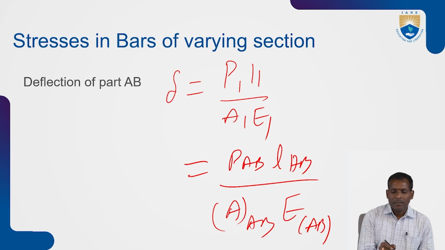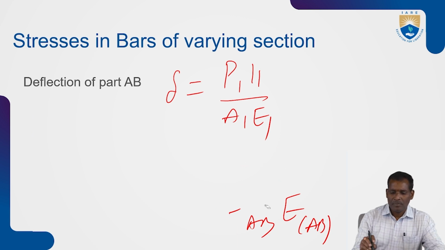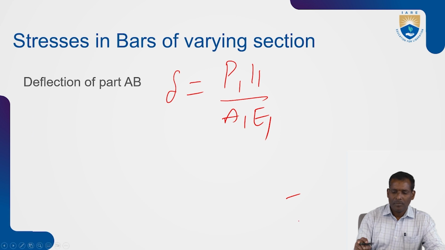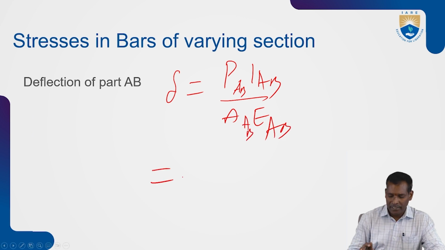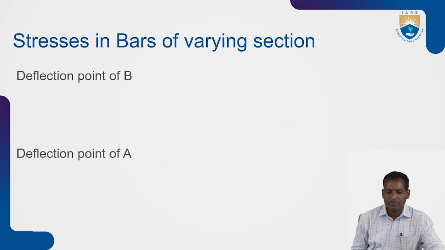So calculate here for AB. What is the load acting at AB? 10 kilonewton, so 10 into 10 cube, into the length. What is the length of AB?